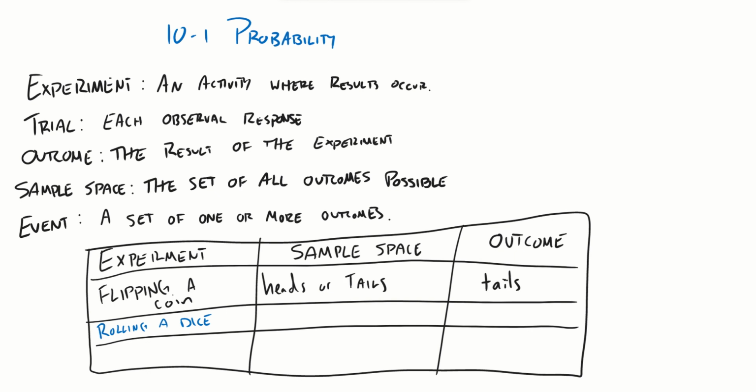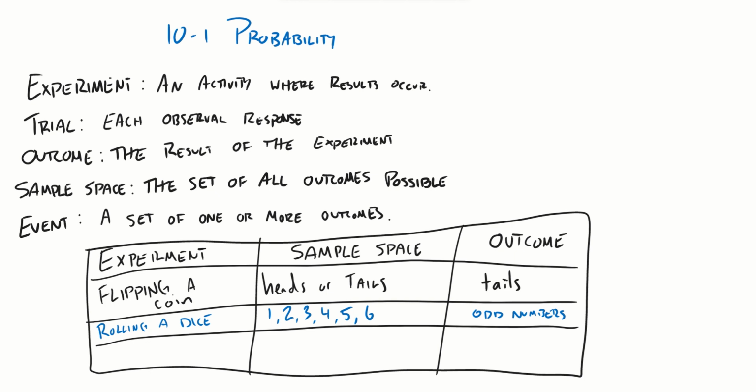Now, on a dice, our sample space, the things that can happen, could be a 1, 2, 3, 4, 5, or a 6. Let's say we're rolling this dice and we want odd numbers. That's the outcome we want to find. We want to roll for an odd number.